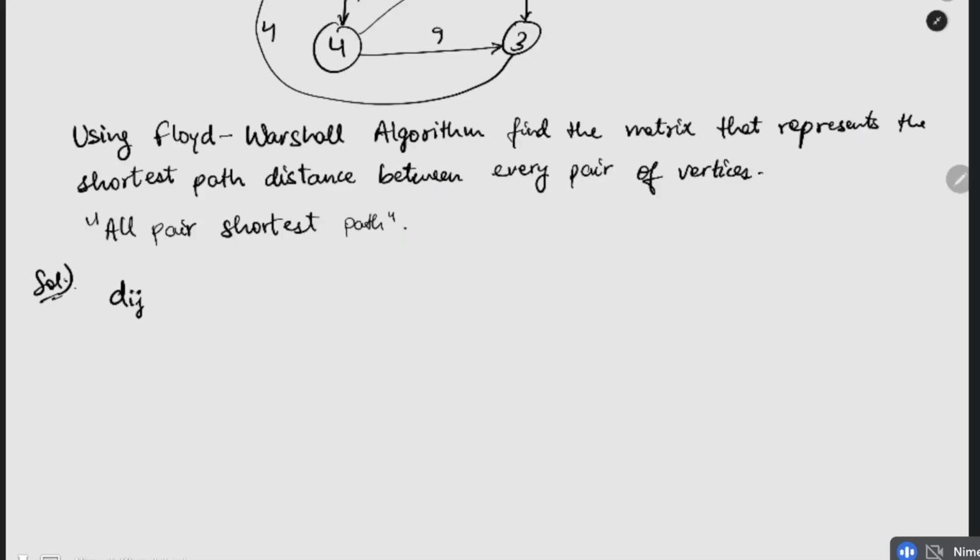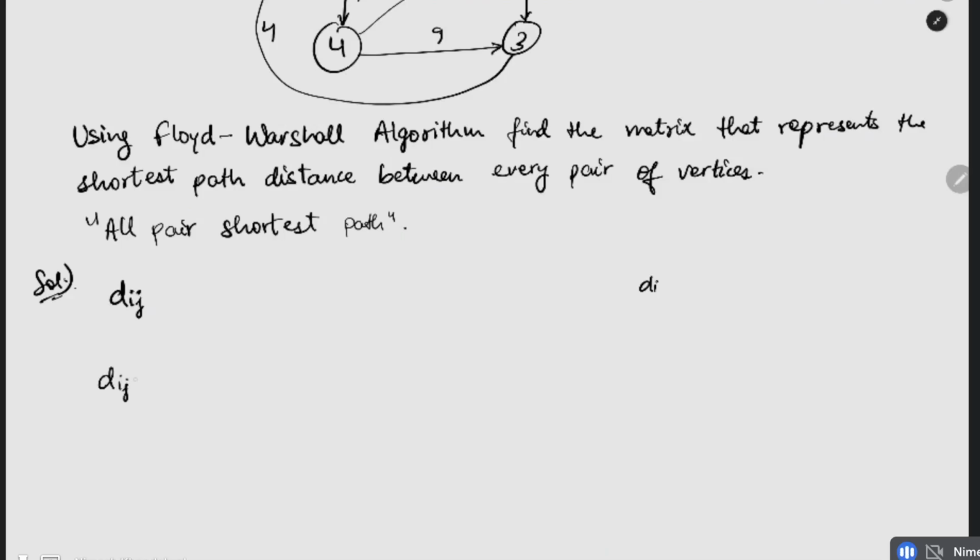Earlier we just had one index because we only had an array. Now we have a 2D matrix, so we have two indices i and j.